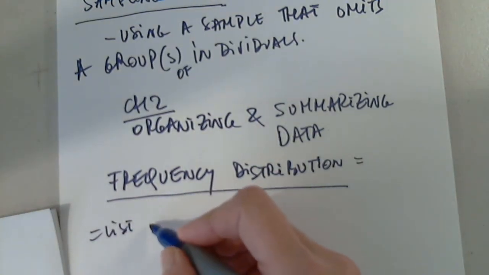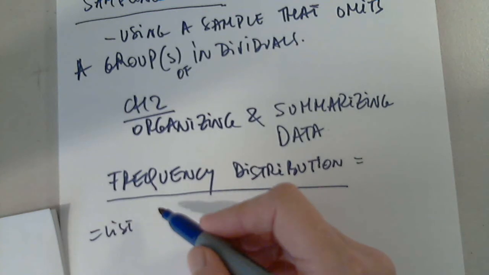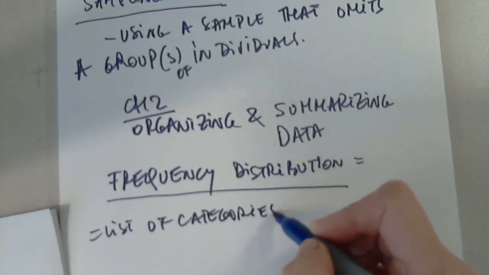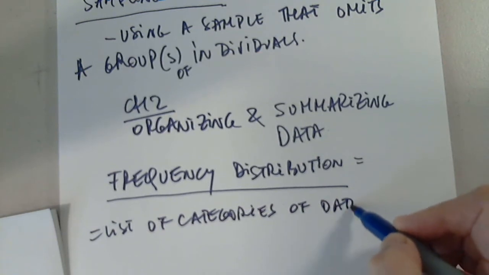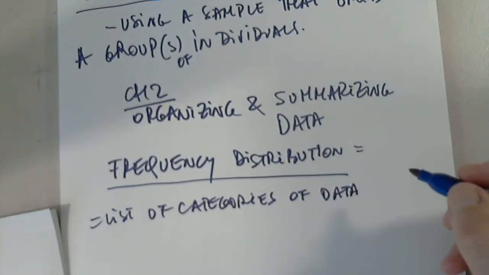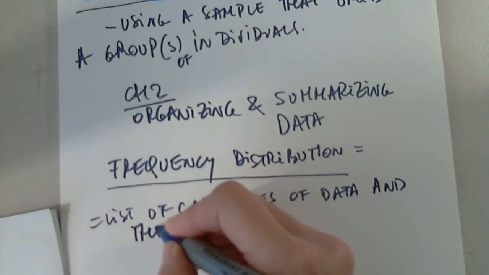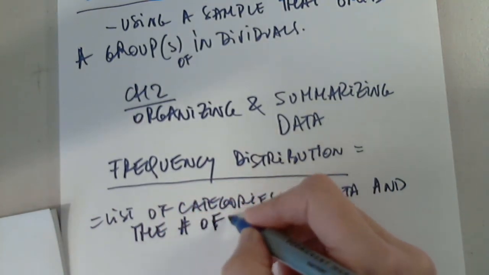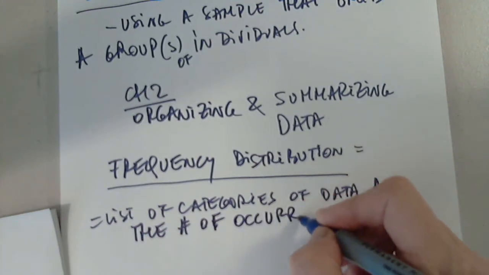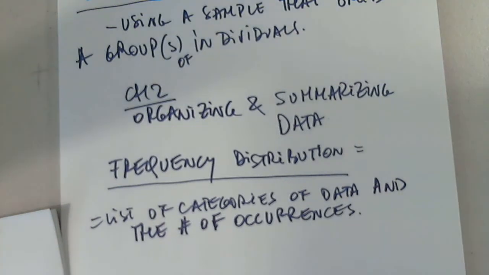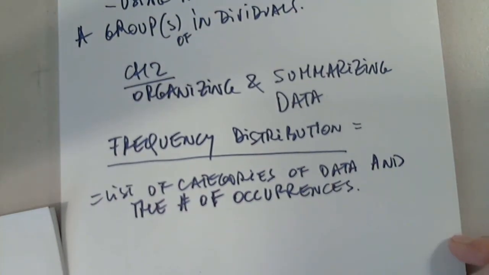It's a list of categories of data and their number of occurrences, the number of occurrences of each category. So let's read this example here.